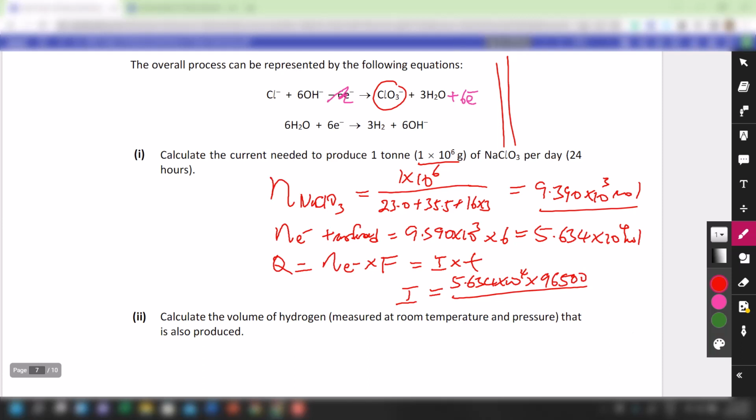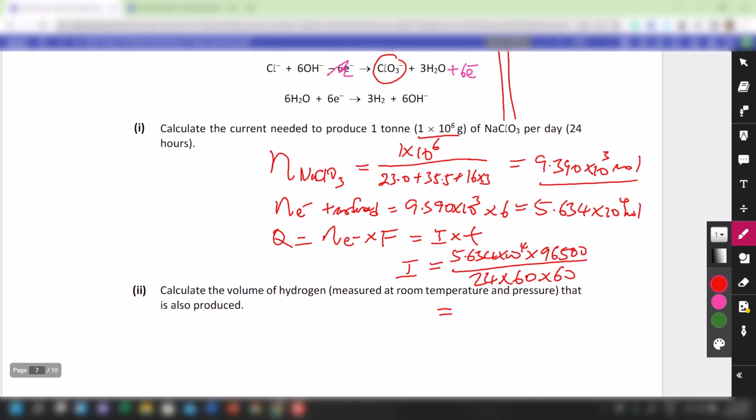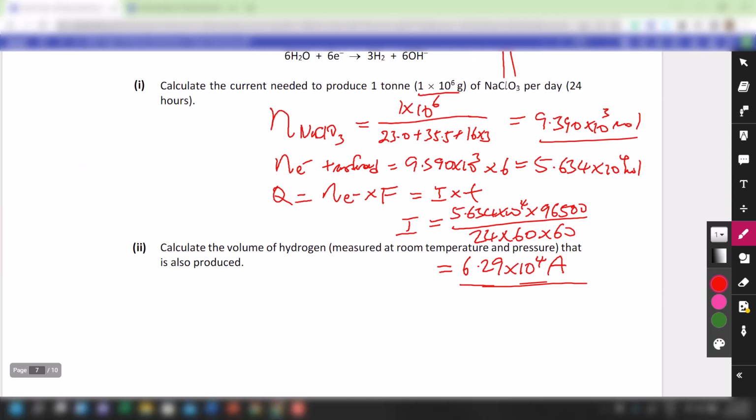So the time is 24 hours. In 24 hours, 1 hour we have 60 minutes, 1 minute we have 60 seconds. Once I punch the calculator, I will get a very weird value. It's a super huge value. I'm going to get like 6.29 times 10 to the power 4 ampere. That's a huge number. Okay, but for the industry, that might be viable. I'm not sure. Yeah, so that's the number you're going to get.